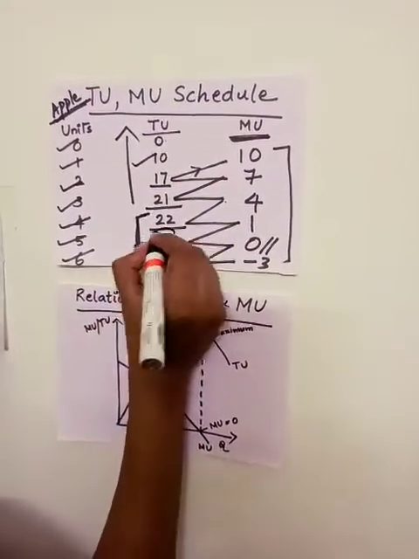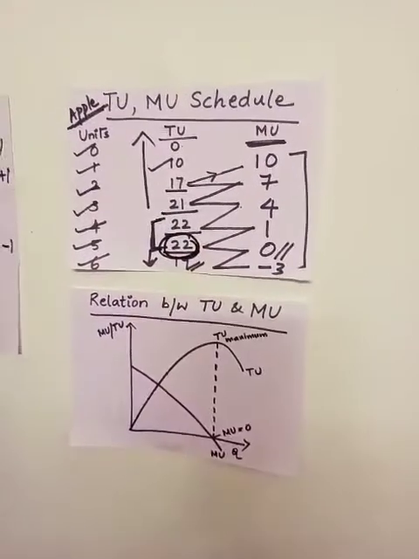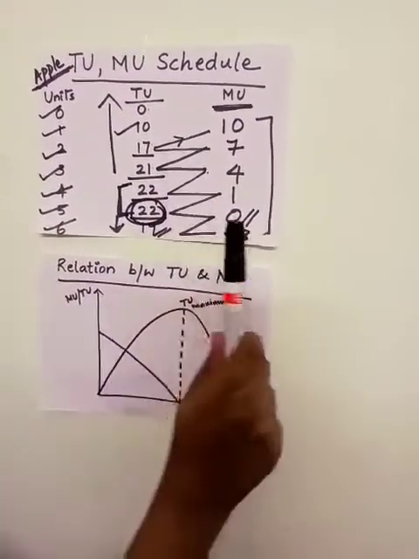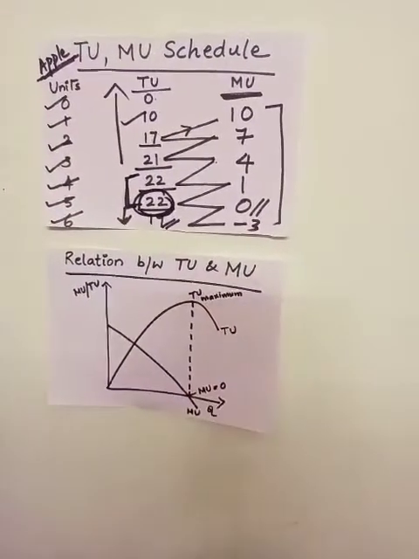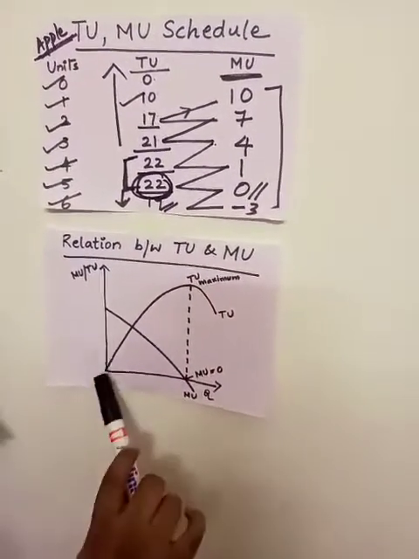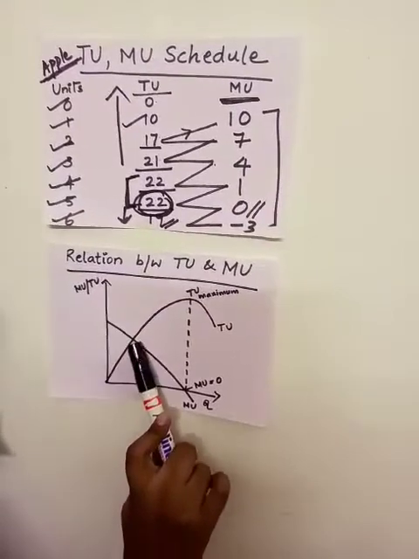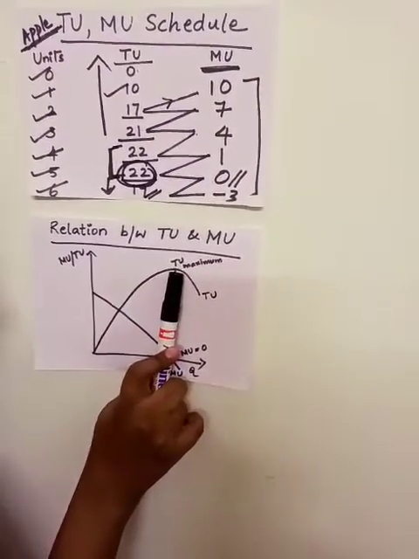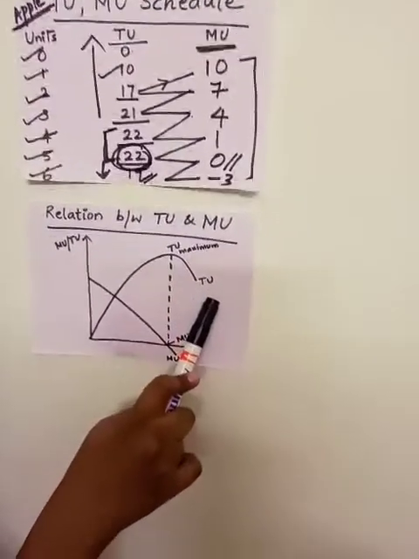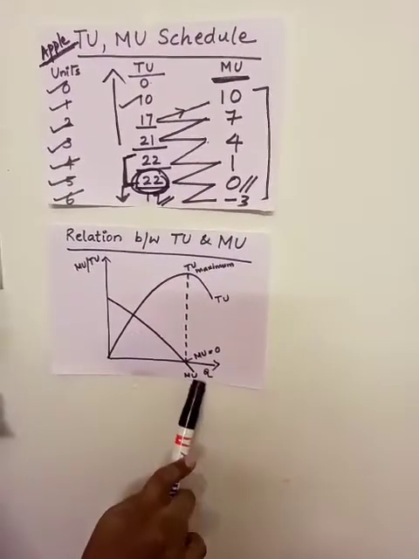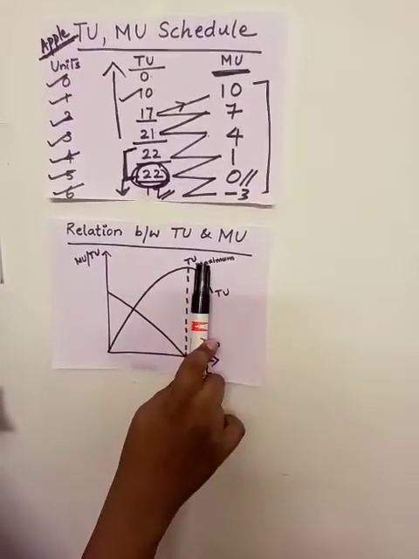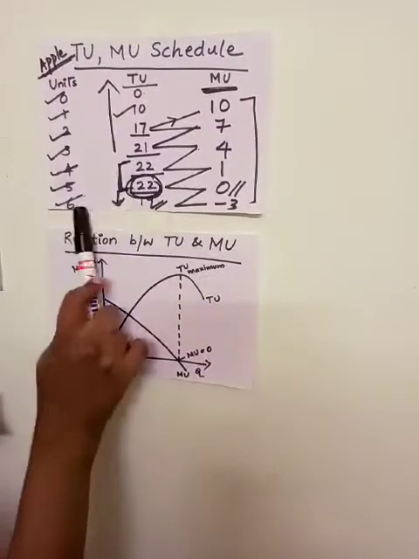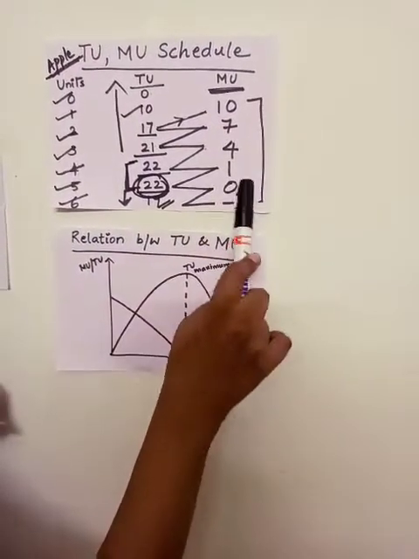At this particular point, you are done with your hunger. Now if you have more apples, you will definitely vomit. That is your negative utility. So TU initially increases at an increasing rate, reaches a maximum point, then starts decreasing. MU throughout decreases. When TU is maximum, MU is equal to 0. When TU starts falling, MU becomes negative.